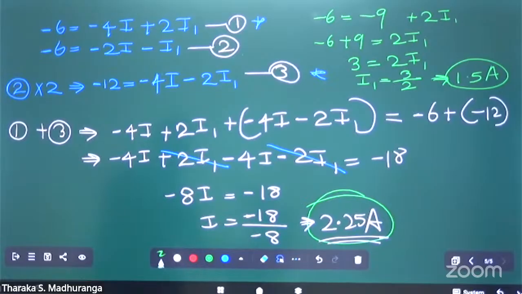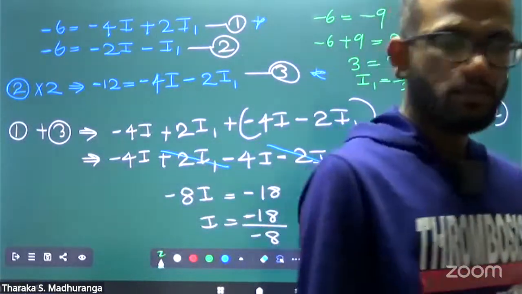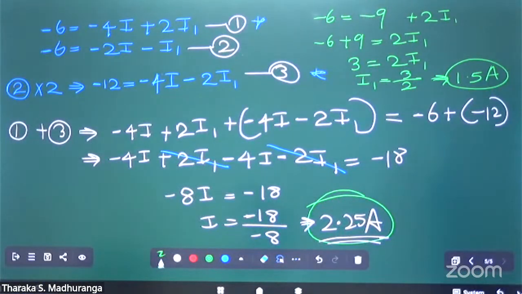Are we good? It is 1.5, right? Not 1, it is 3 over 2.